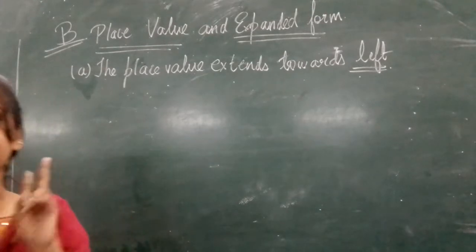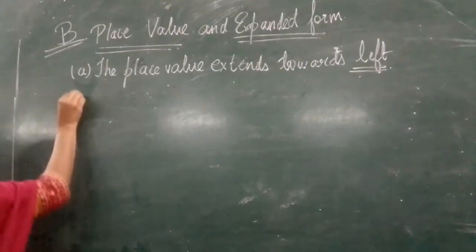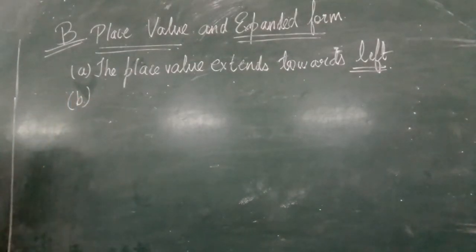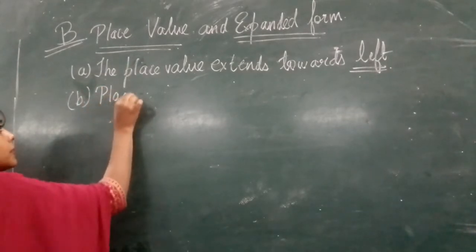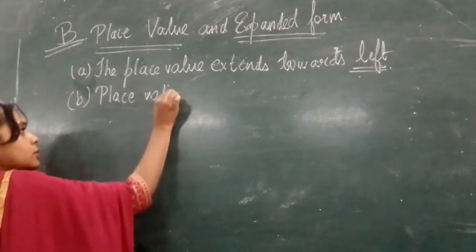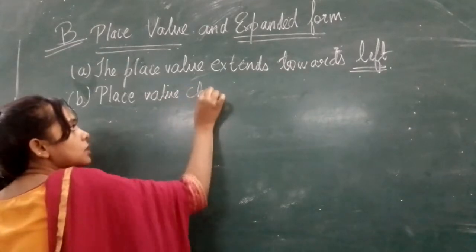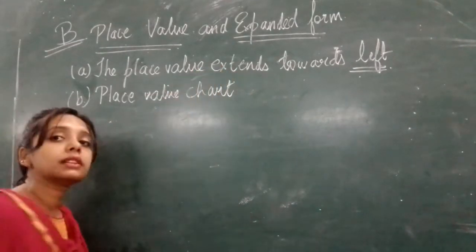Then you will write the next point, that is the B point. What will be the B point? The B point is place value chart. Okay. Place value chart. Now what does it do?